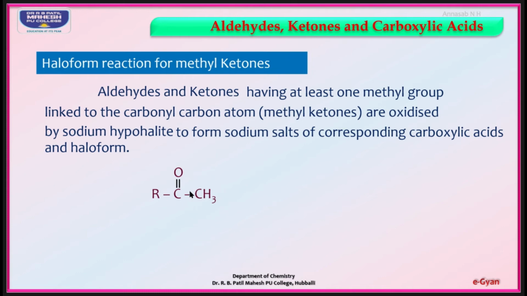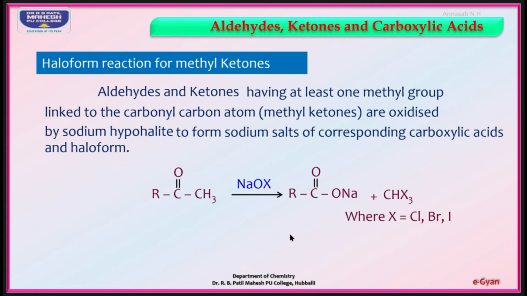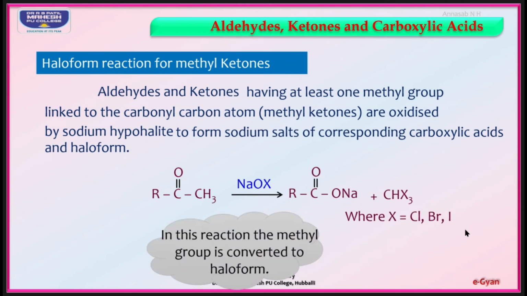With this you can understand there must be the presence of one CH3 group which is attached to the carbonyl group in the aldehyde or ketone. Then only this reaction is possible. This compound reacts with sodium hypohalite and leads to the formation of the sodium salt of the respective carboxylic acid, and haloform CHX3 is formed, where X is either Cl, Br or I. In this reaction, the methyl group is converted into haloform.